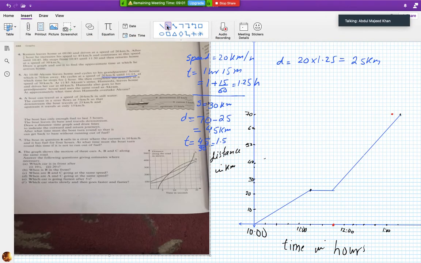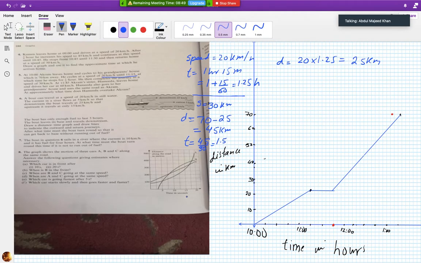So the first thing we need to find here is the total time she takes to reach here. So we have her speed is 60 and the distance is 70. So we need to find the time.